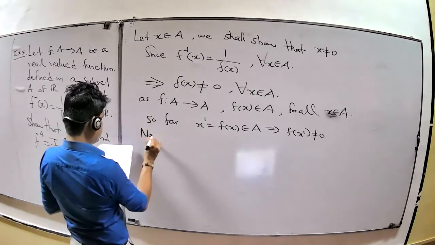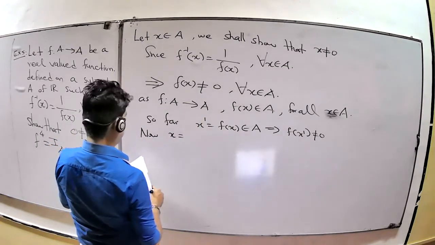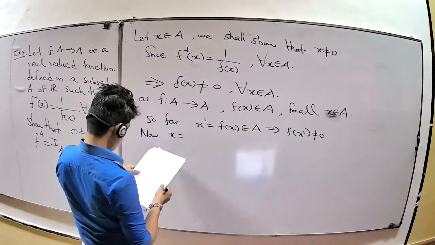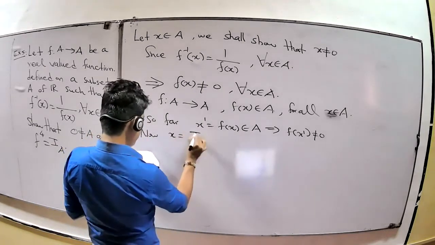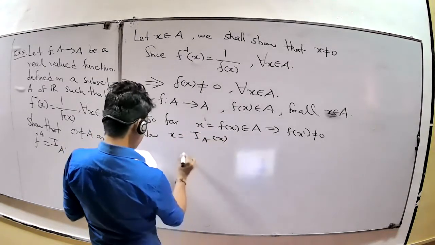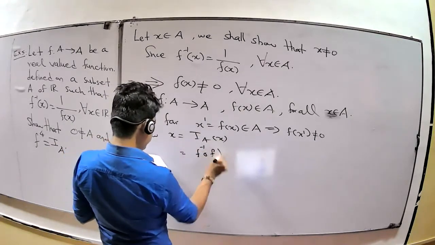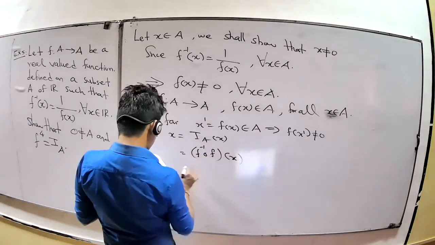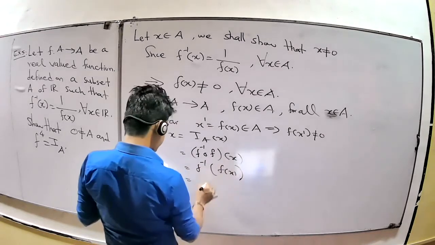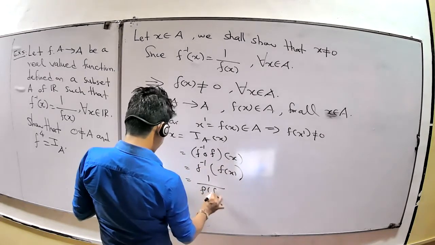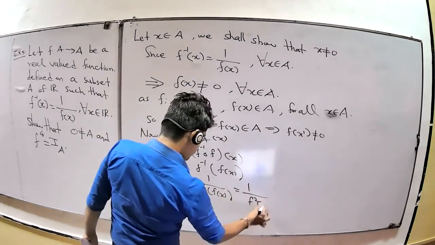Now you shall show that x is not equal to 0. x means I_A of x, the identity mapping. I_A of x you can write as f inverse composition f of x, which is f inverse of f of x. f inverse of f of x means 1 over f of x, which is 1 over f squared of x.